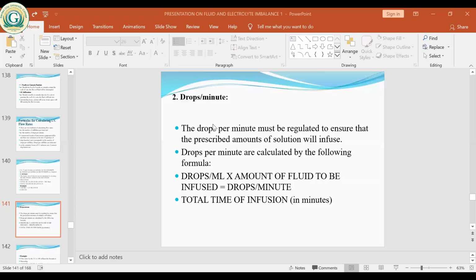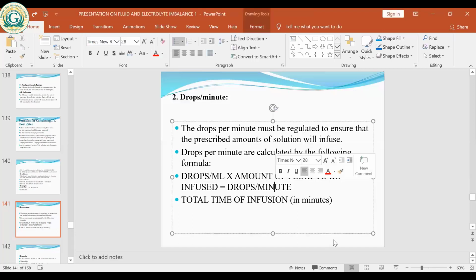So the first 5 liters was given between 8 a.m. to 6 p.m. Yes. And at the same 6 p.m., the Ringer's was added. I hope it's clear. Very good. Okay, so we can move on.